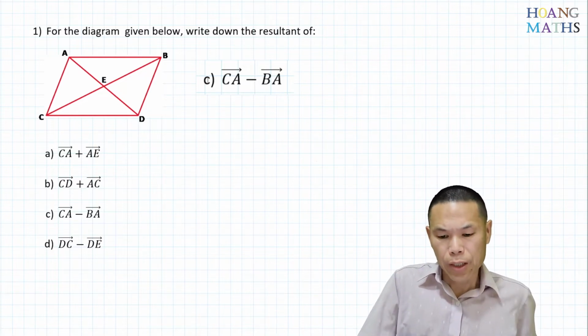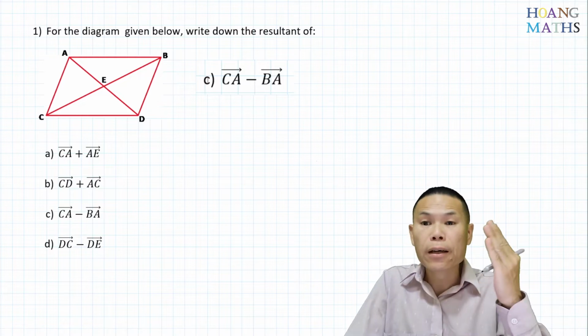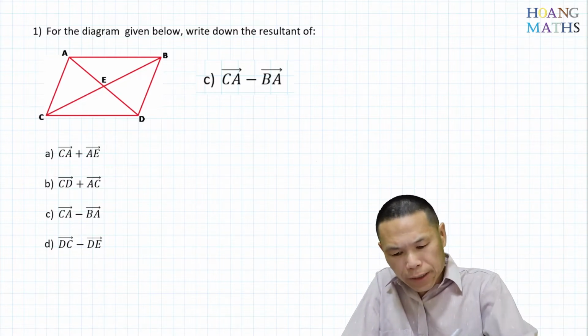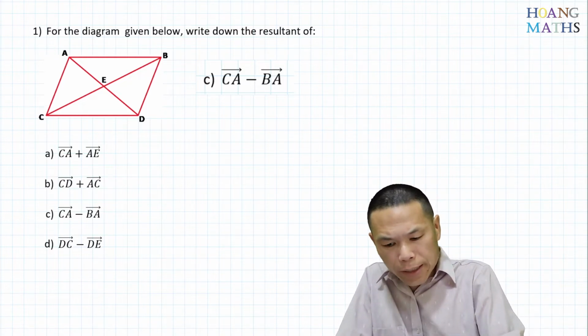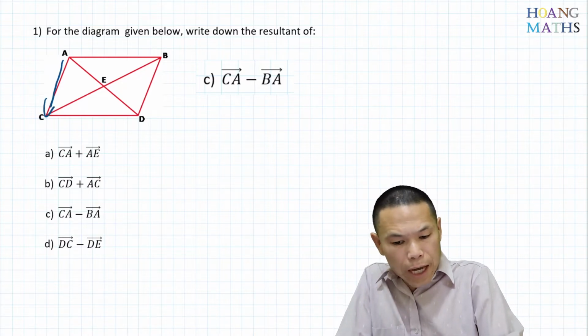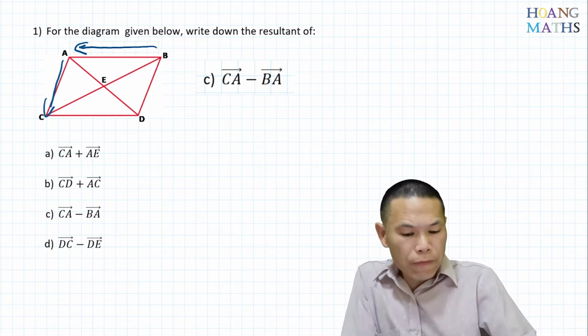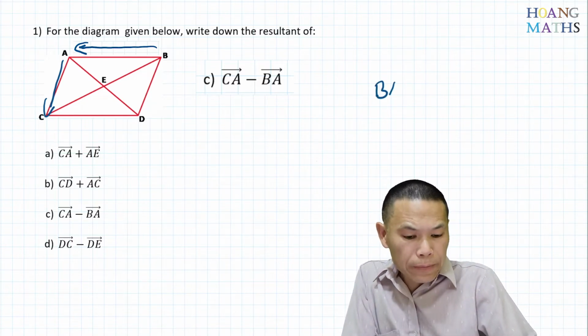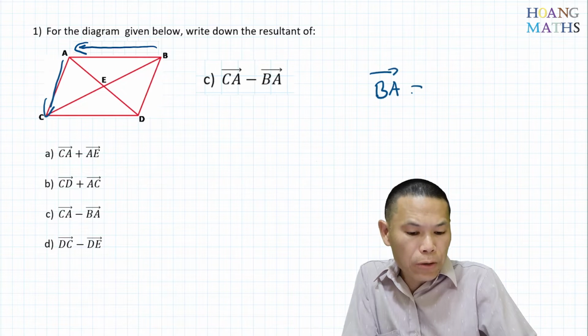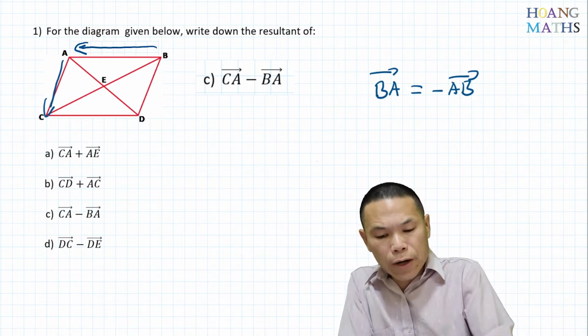Part C. We want to work out vector IC minus vector BI. So that is vector IC here, and we minus vector BI, this vector here. Now remember, vector BI is equal to negative vector IB, and you can see this in the diagram here.